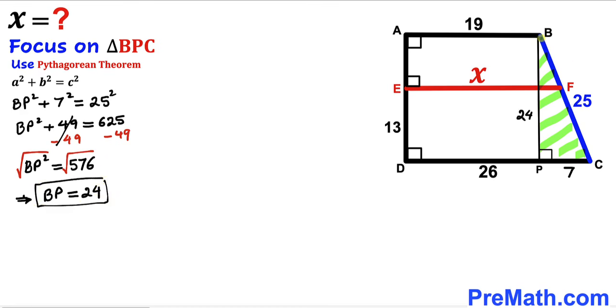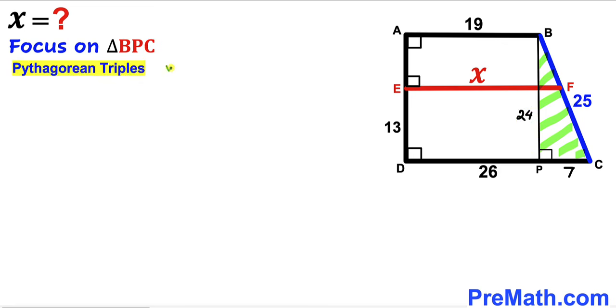Thus our side BP turns out to be 24. And here's the alternative approach. Let's recall the Pythagorean triplets: 7, 24 and 25. We know our known lengths are 7 and 25, so this unknown side is going to be 24 indeed.